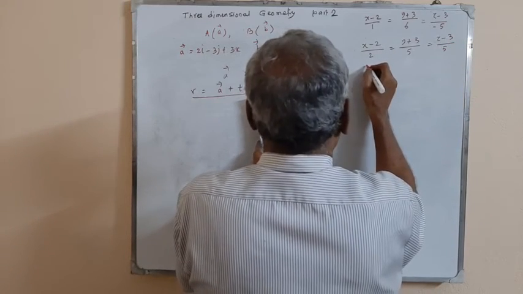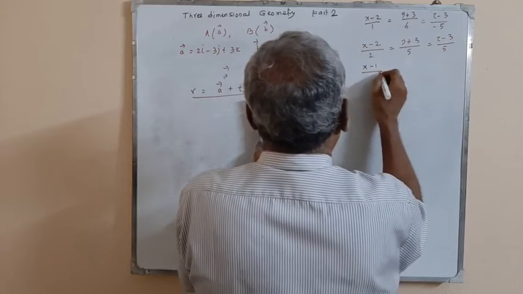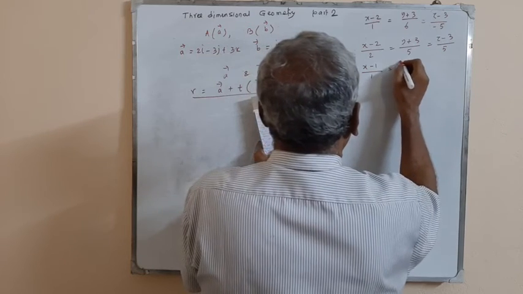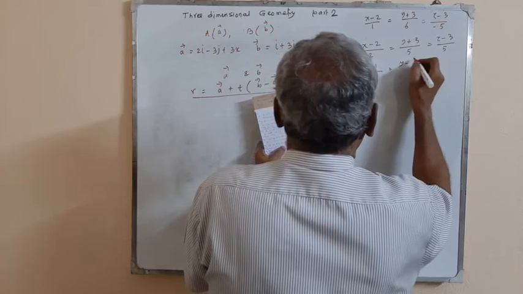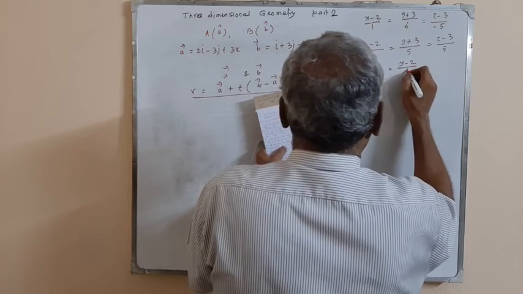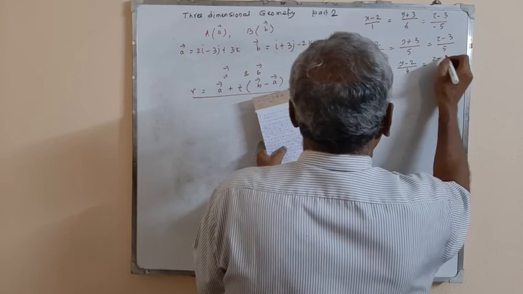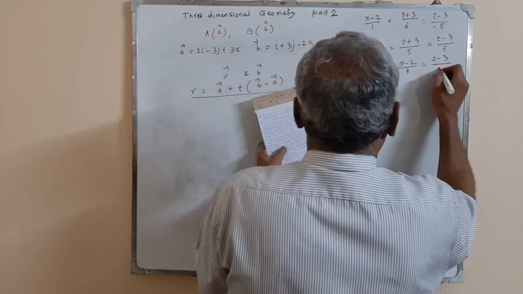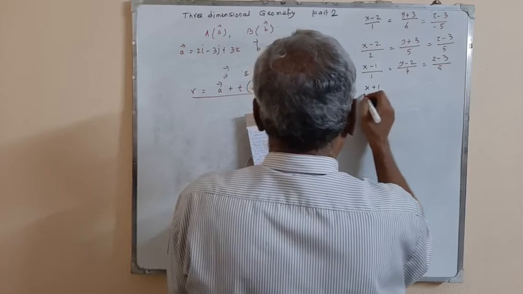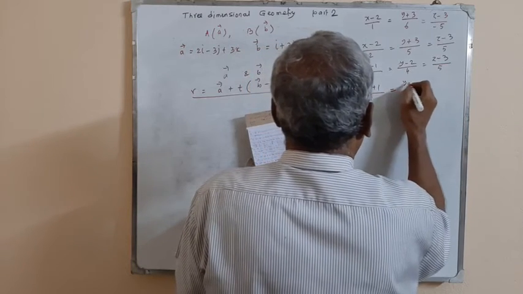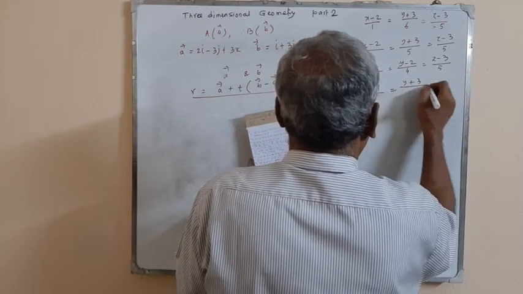Thirdly, x minus 1 by 1 is equal to y minus 2 by 4 is equal to z minus 3 by 5. And the fourth option is x plus 1 by 1 is equal to y plus 3 divided.